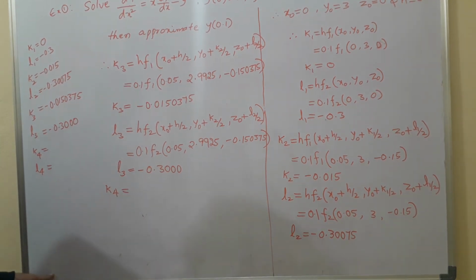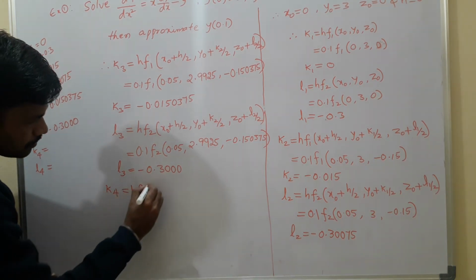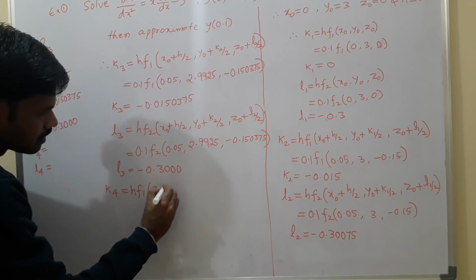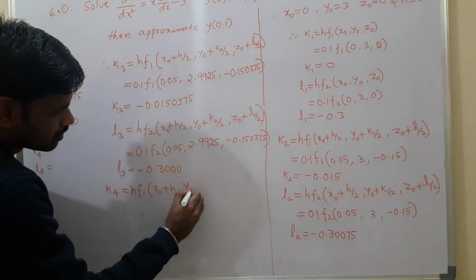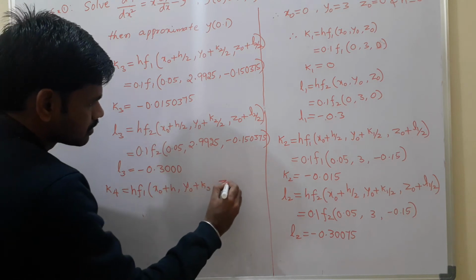Last, K4 equal to h into F1 of x naught plus h, y naught plus K3 and z naught plus L3.